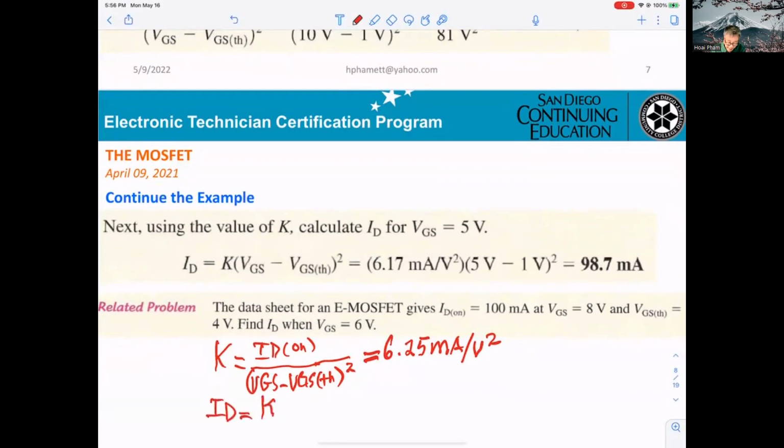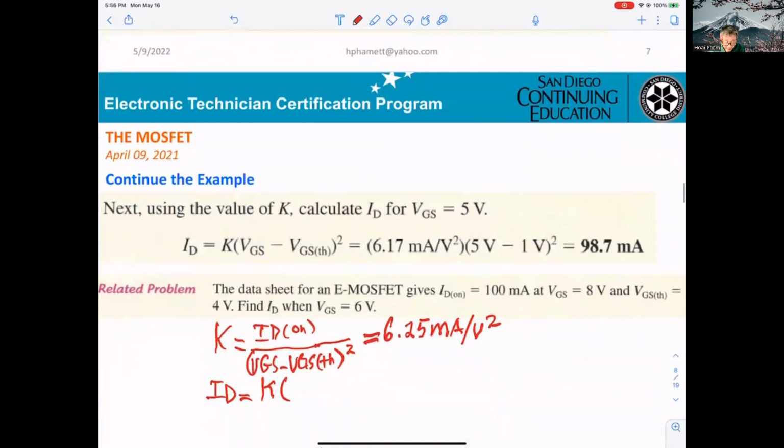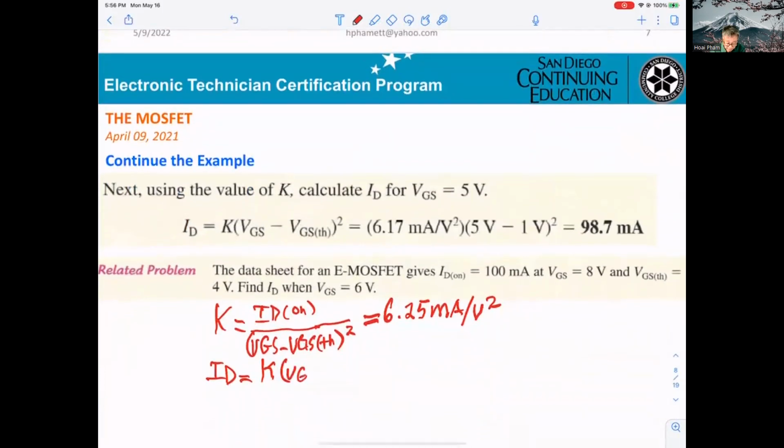I believe it will be K times (VGS minus VGS(th)) squared. 25 milliamp.